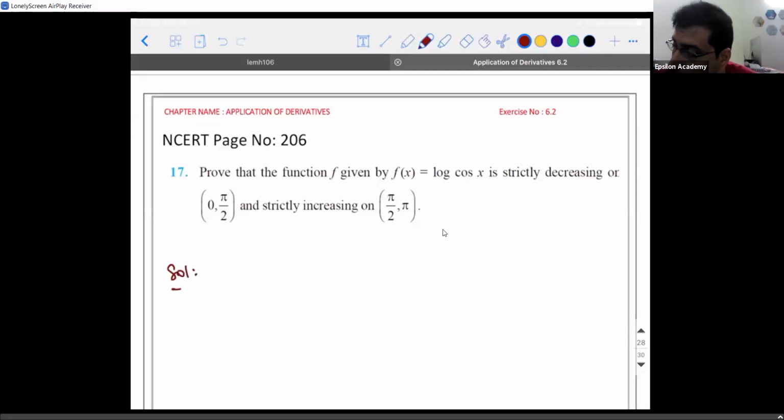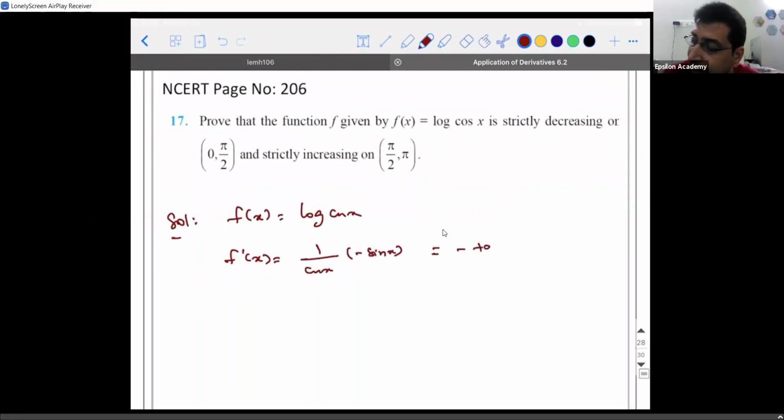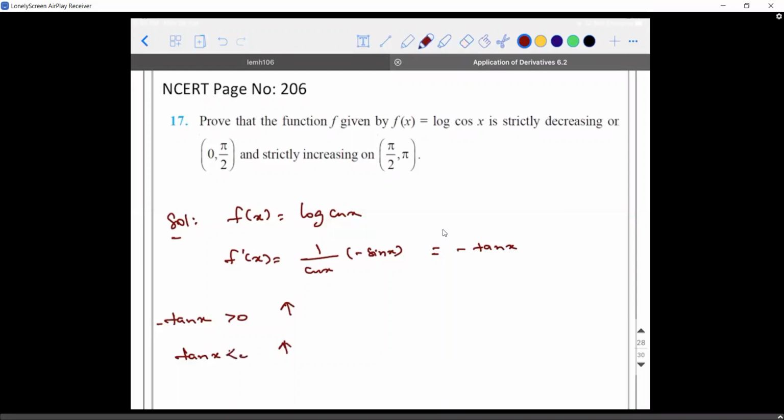Be careful with that. So f of x is equal to log of cos x. So f dash of x is equal to 1 by cos x into minus sin x. Okay, this will be minus tan x. So minus tan x should be greater than 0 for increasing. So tan x should be less than 0 for increasing.